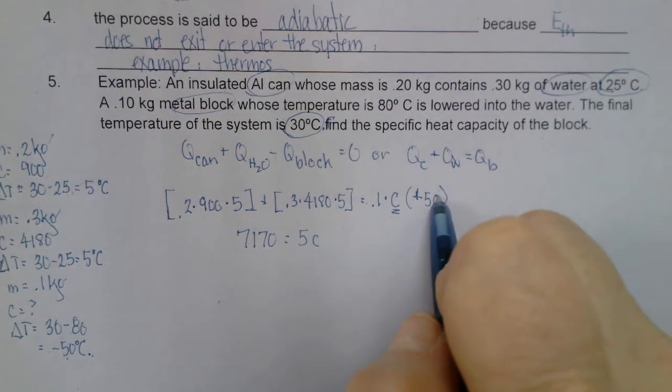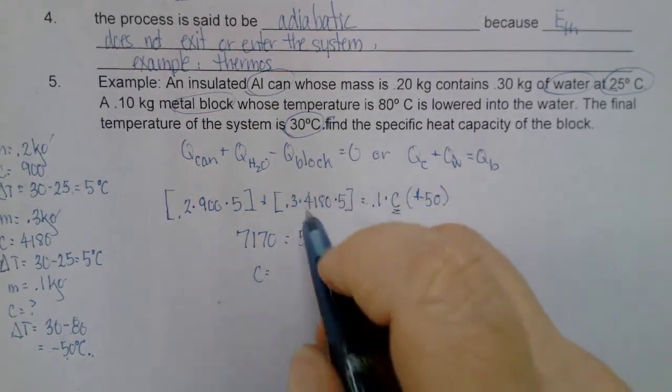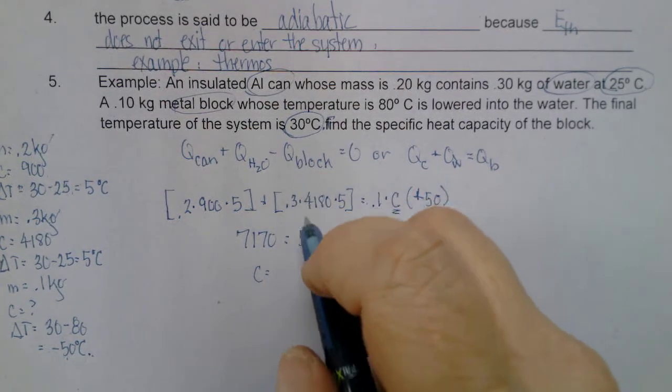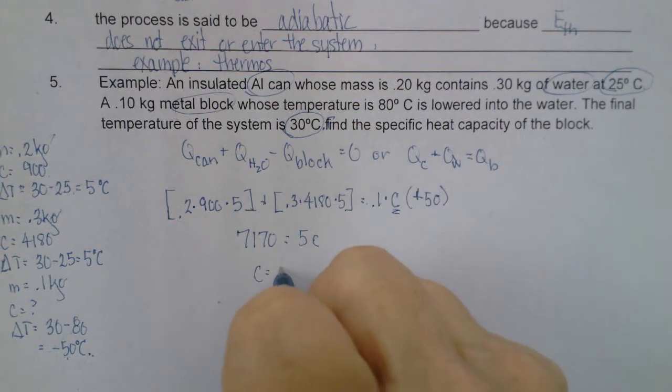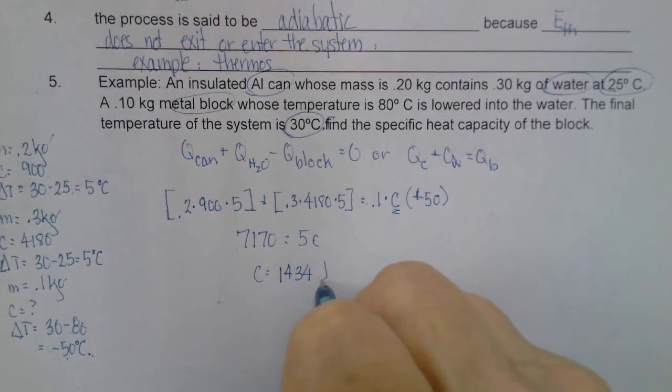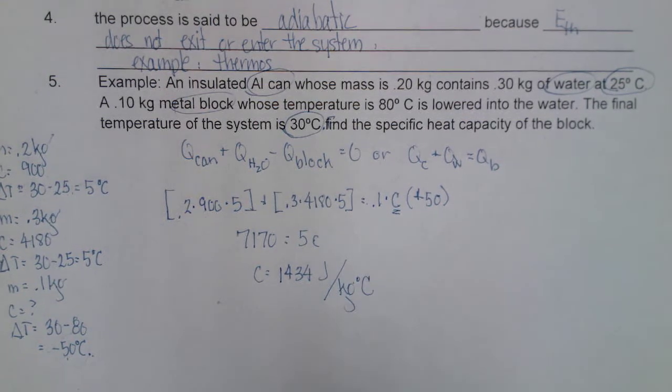So these two together is 5, and then C. C then is equal to 1,434 joules per kilogram degree Celsius.